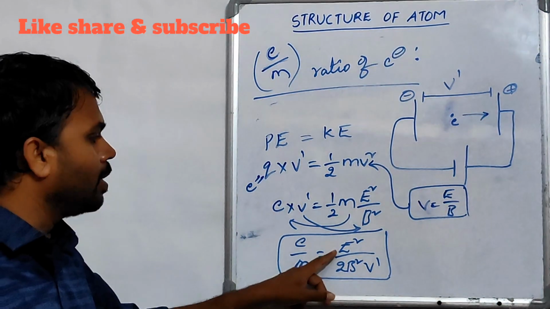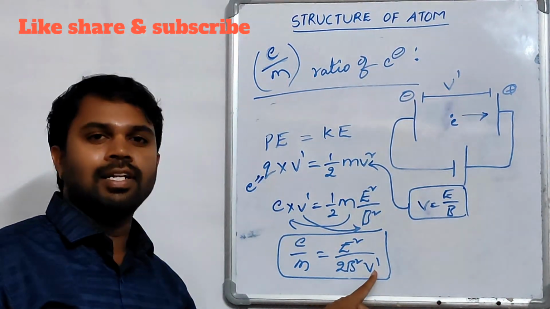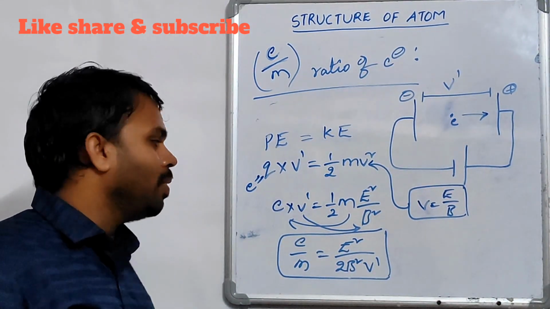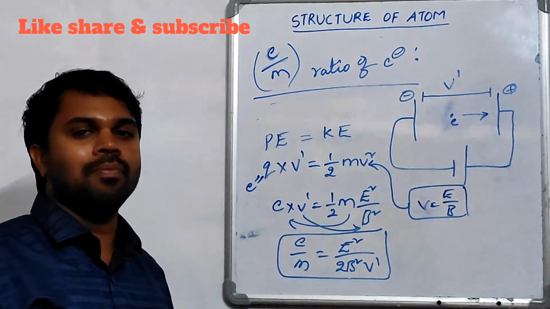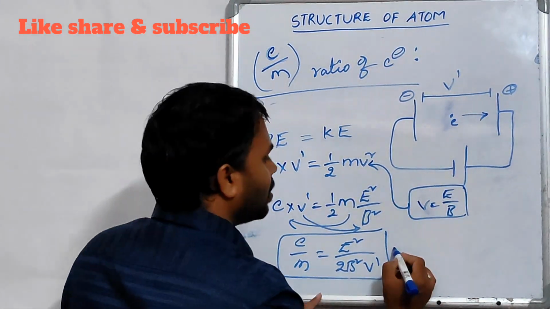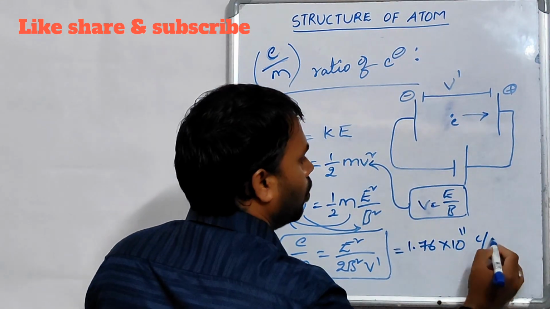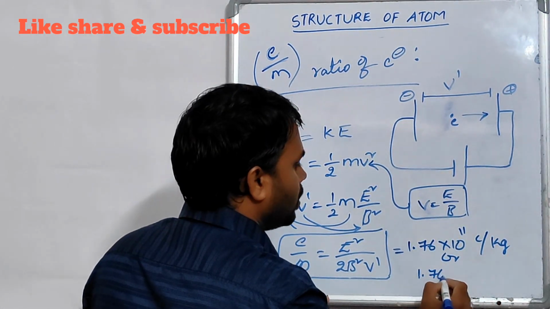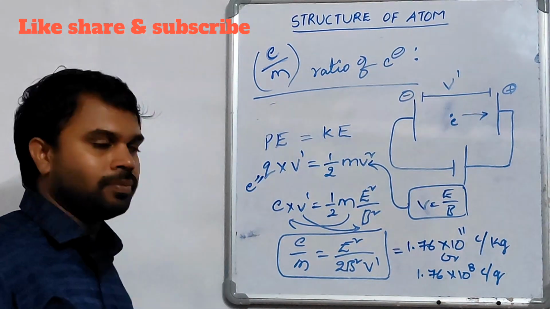He knows the value of electric field strength, the magnetic field strength, and the potential difference between the two electrodes, because he adjusted all these values. By putting all these values into this formula, he calculated the E by M ratio of the electron, that is equal to 1.76 into 10 to the power of 11 coulomb per kg, or 1.76 into 10 to the power of 8 coulomb per gram.